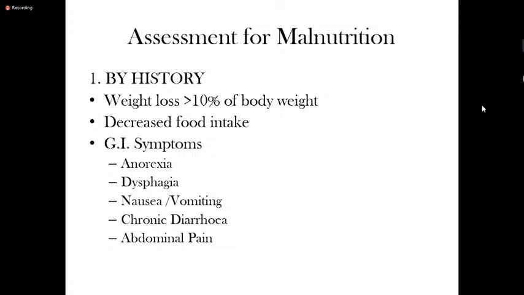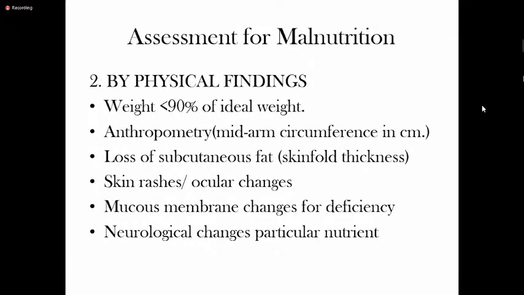So the history will give you a weight loss greater than 10%. It will also show that these patients have had symptoms like anorexia, dysphagia, nausea, chronic diarrhea, or abdominal pain. In a person who has lost more than 10% of body weight, these symptoms may have occurred in the history.